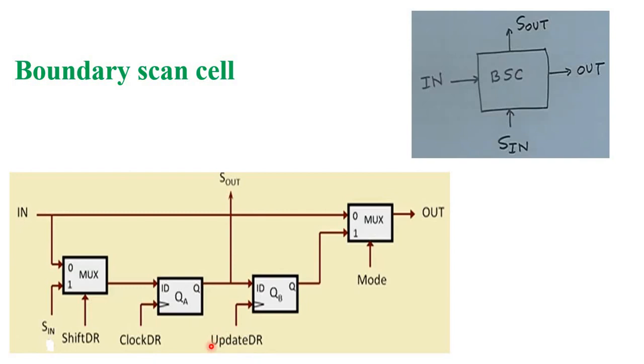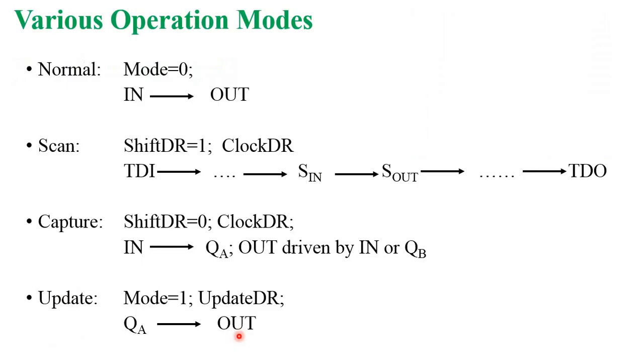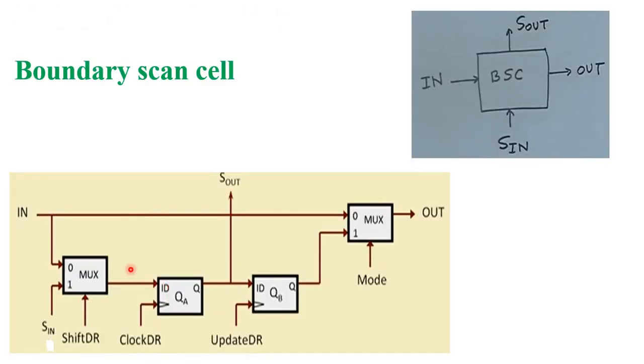Update DR driven means this is the update clock. If the clock is driven, then only the D flip-flops work. Update DR driven, QA is sent to outside. Like that, the boundary scan cells are scanned by the CUT.